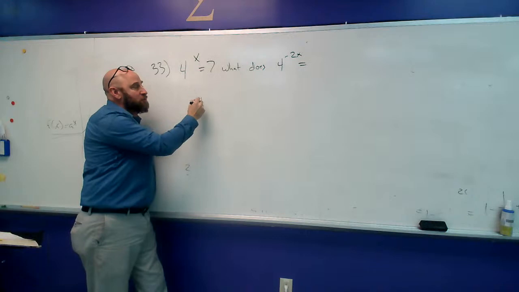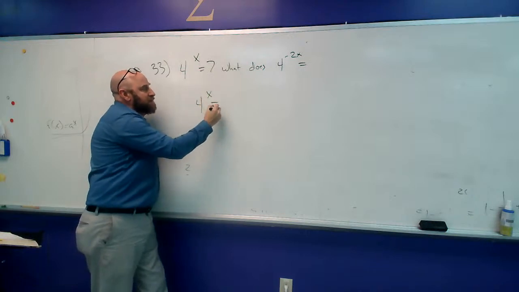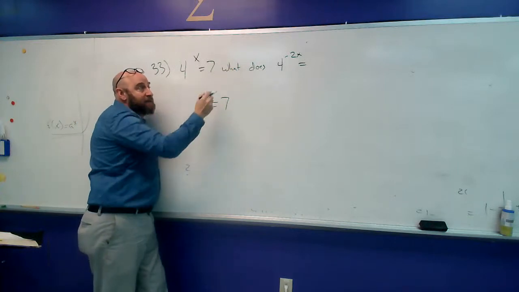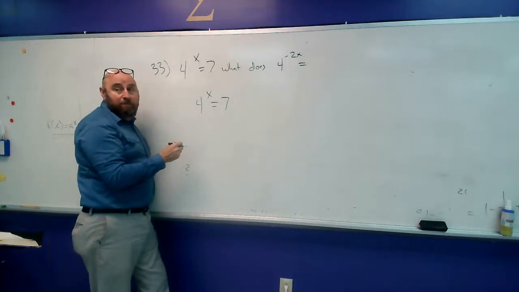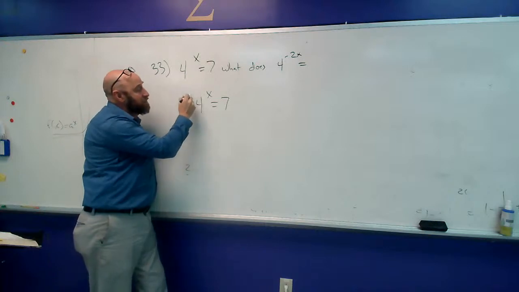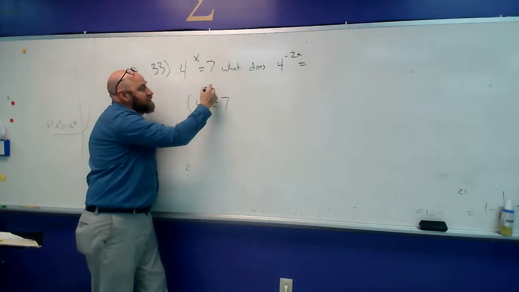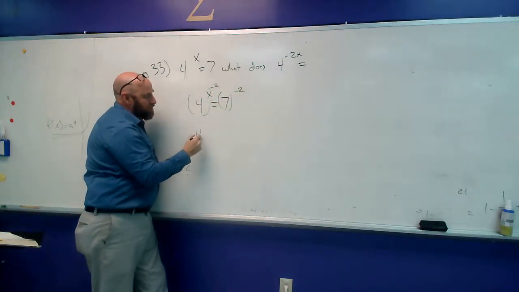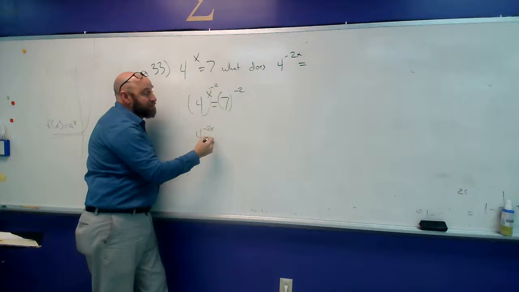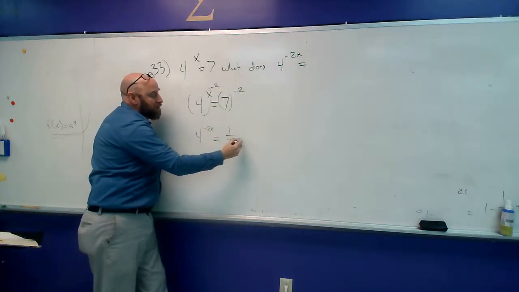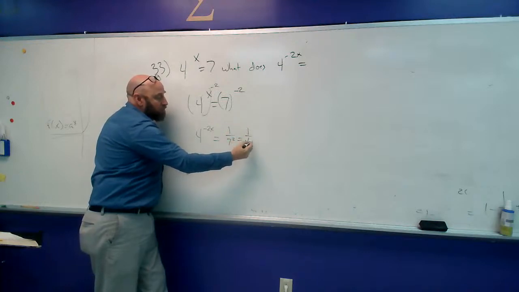The best way to do that is to start with 4 to the x equals 7, and you've got to figure out a way to manipulate it to end up with 4 to the negative 2x. If we take both sides and raise them to the negative 2, we'll get 4 to the negative 2x, and that equals 1 over 7 squared, which equals 1 over 49.